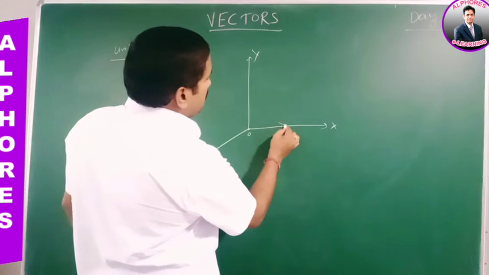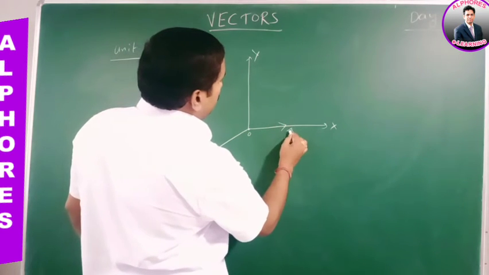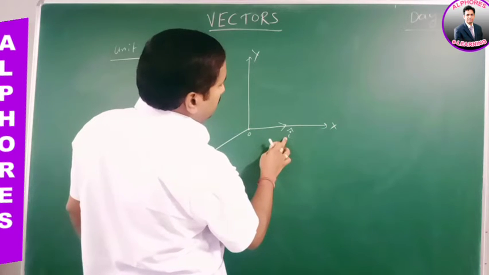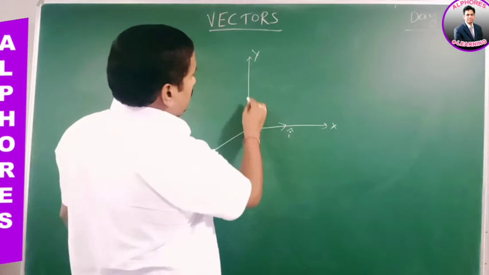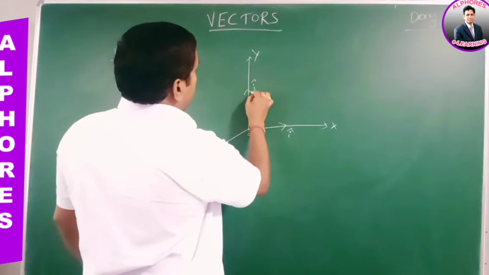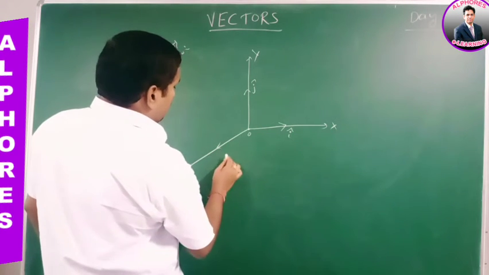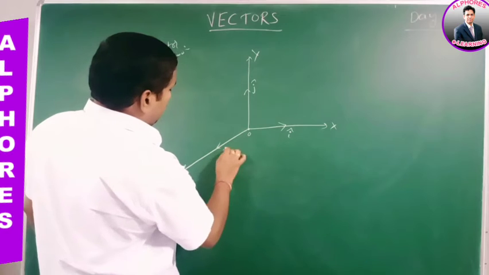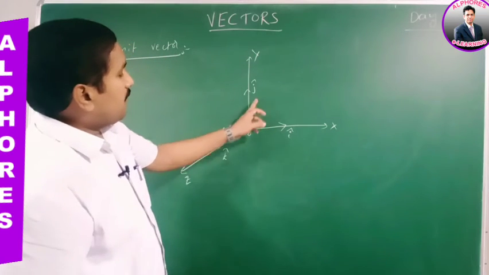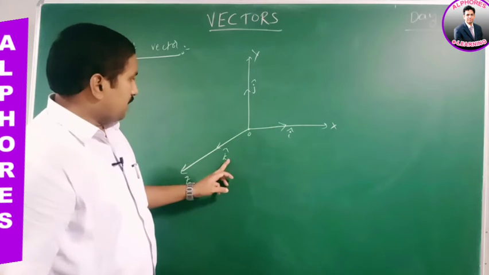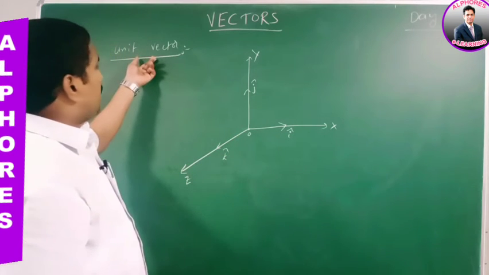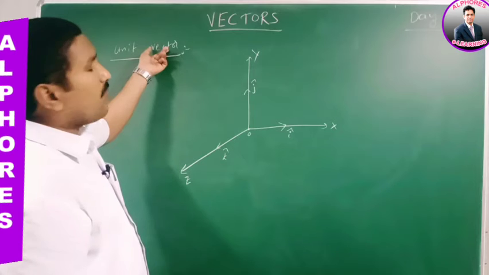Suppose a particle is moving along the x-axis, what is the unit vector? The direction of the particle along the x-axis is represented by i cap, along the y-axis by j cap, and the particle motion along the z-axis is k cap. Here i cap, j cap, k cap are the unit vectors along the x-axis, y-axis, z-axis. What is meant by unit? Unit vector means a vector whose magnitude is 1.